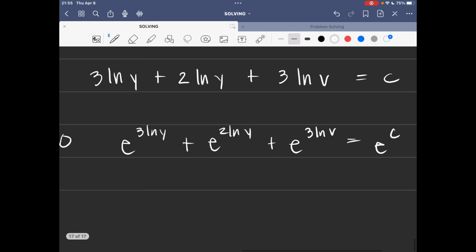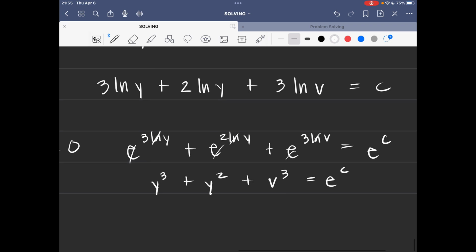So cancel, and by the logarithmic properties, we are going to transpose the 3, or the constant, to the exponent of the variable. So y cubed plus y squared plus v cubed is equal to e raised to c.